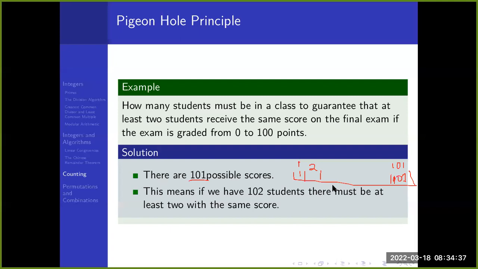So you'll need 102 students. The minimum number you need is 102, so that two students will have the same score.